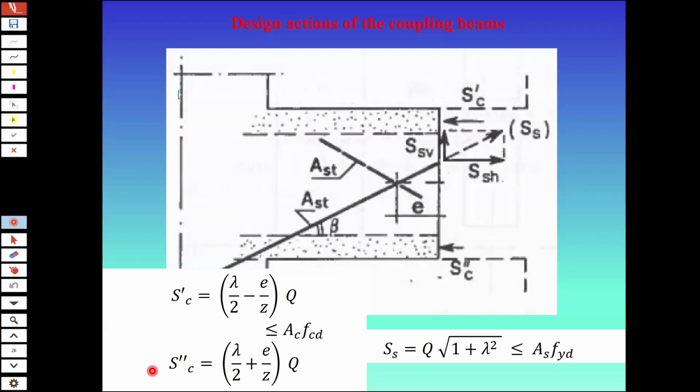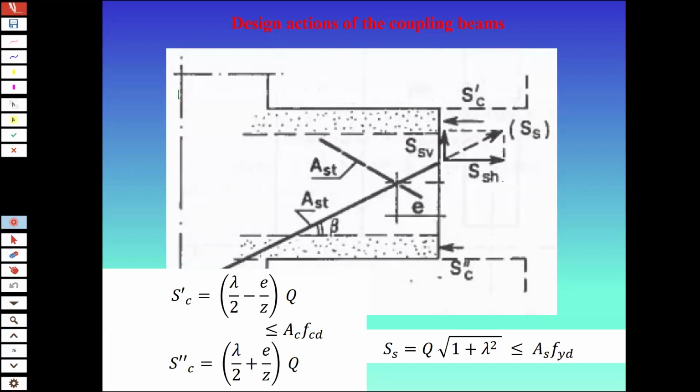We have two bars, one diagonal going upward, the other one going downward. If we have a vertical force pointing upward, this diagonal is in tension, and this diagonal is in compression. And you can say, well, both diagonals will contribute to the force. This equation here, which is simply a force equilibrium, states that only the vertical component of the force in the tensile diagonal bar equilibrates the force.